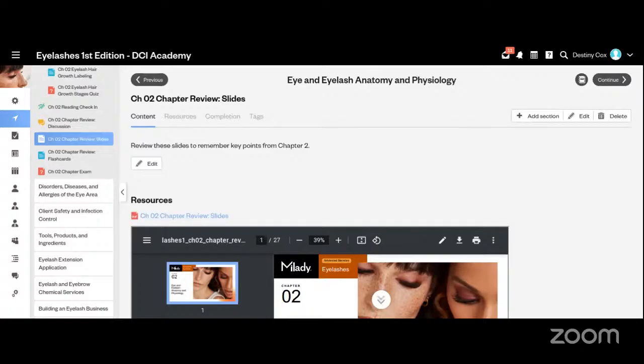We're not talking technique right now. We're simply talking, do you understand each part of the eye, the brow, the lashes, and those things that work underneath? Also, do you understand the diseases and disorders of the eye or any particular area?